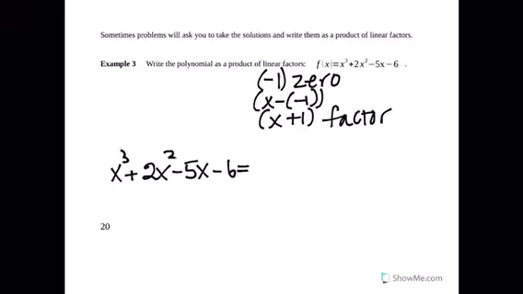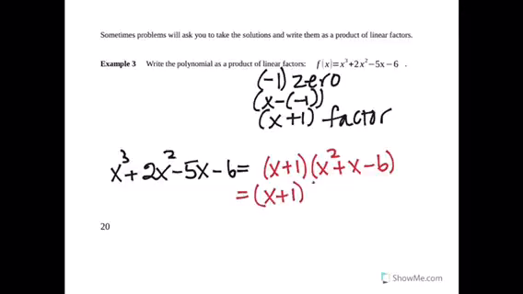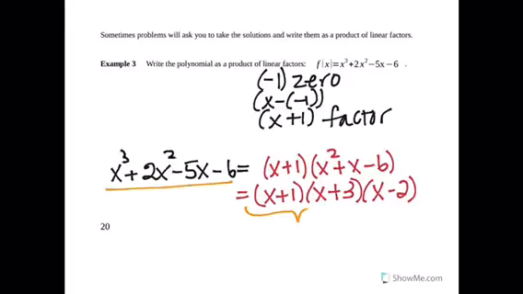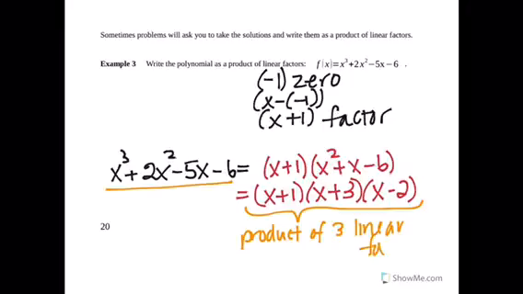We know that x plus 1 was a factor, and when we divided it out, we found out that x squared plus x minus 6 was also a factor. And as we kept going, we knew that we could break this down even further and write this as x plus 3 times x minus 2. So there we go. We've taken this third degree polynomial and written it as the product of 3 linear factors. And we should be able to match the number of linear factors to the degree of the polynomial.